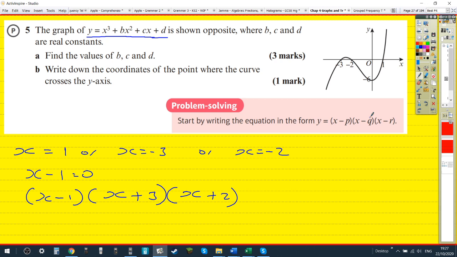So I got x squared plus 2x plus 3x plus 6, which would simplify down to x squared plus 5x plus 6. And then you multiply the last bracket, x by everything.